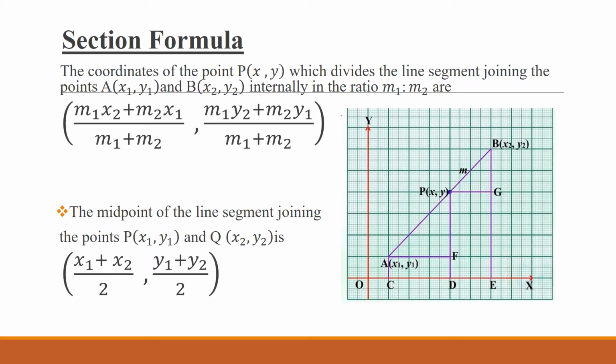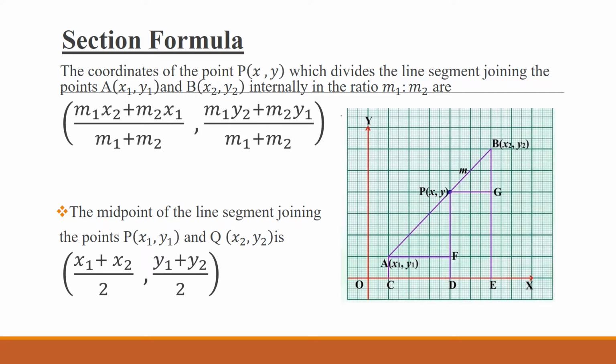The coordinates of the point P (x, y) which divides the line segment joining the points A (x1, y1) and B (x2, y2) internally in the ratio m1 is to m2 are given by x is equal to (m1 x2 plus m2 x1) by (m1 plus m2) and y is equal to (m1 y2 plus m2 y1) by (m1 plus m2).